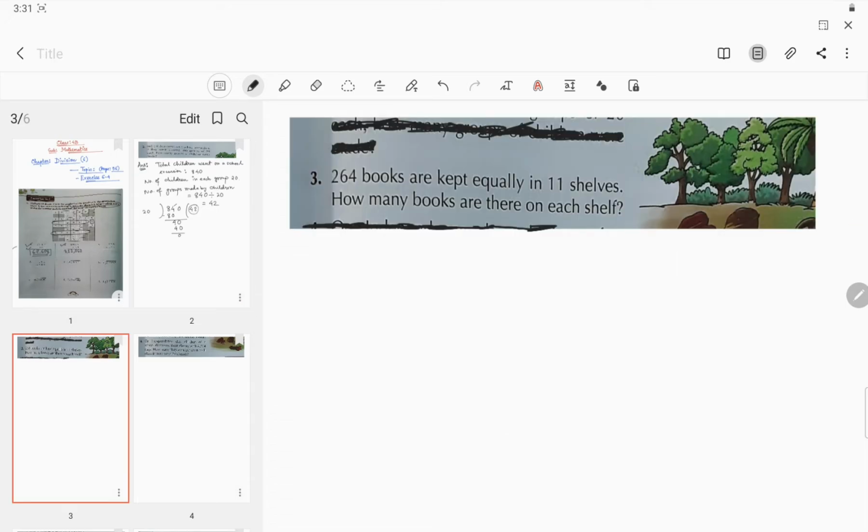Now the next question, question number 3. 264 books are kept equally in 11 shelves. How many books are there on each shelf?